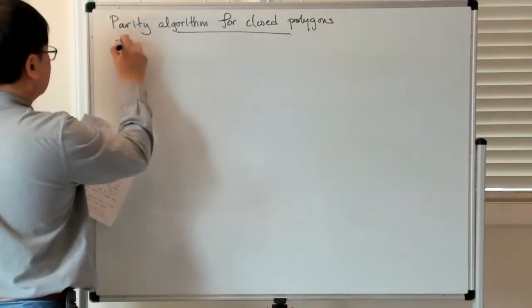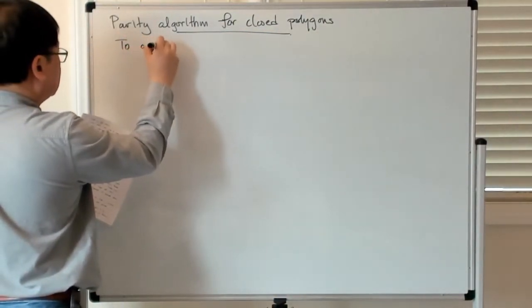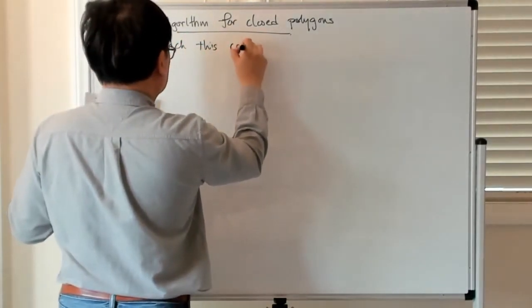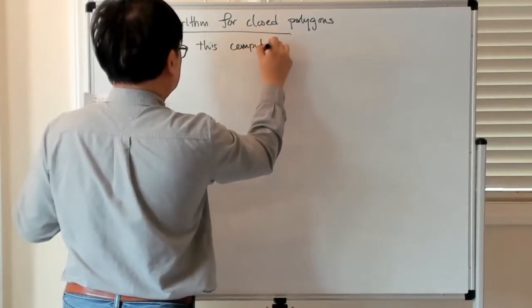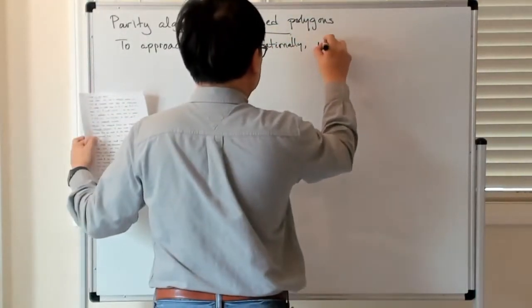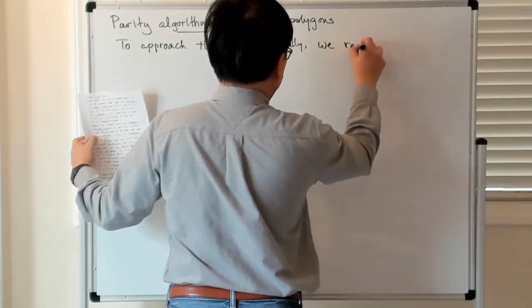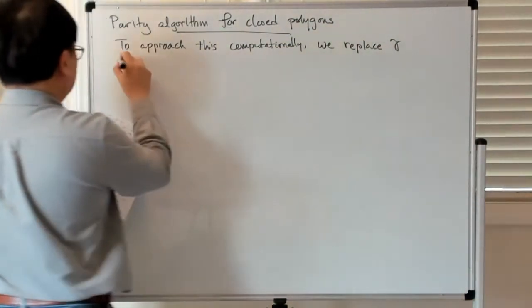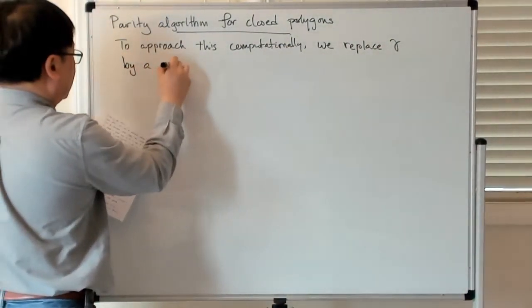So to approach this computationally, right, we replace your Jordan curve, gamma, by a polygonal approximation.